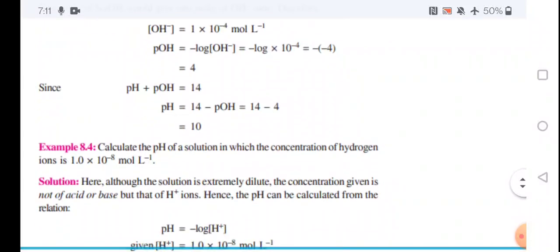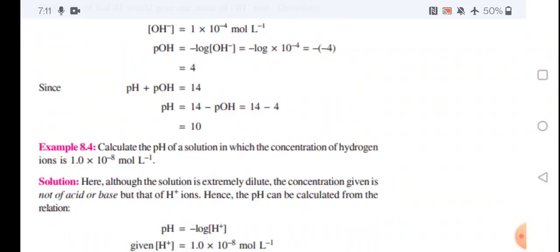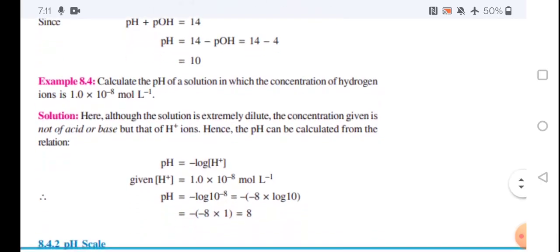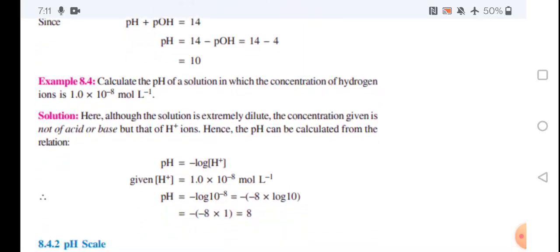Next problem, calculate the pH of a solution in which the concentration of hydrogen ion is 1.0 into 10 to the power of minus 8 mole per liter. See, in this case, although the solution is extremely dilute, the concentration given is not of an acid or a base.